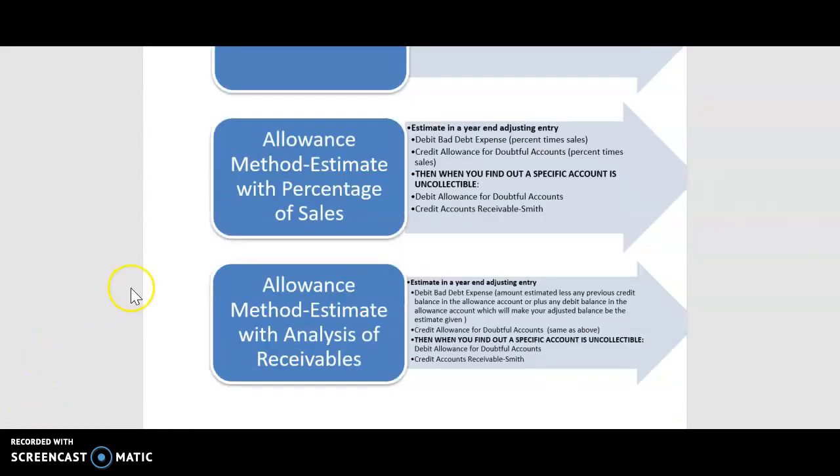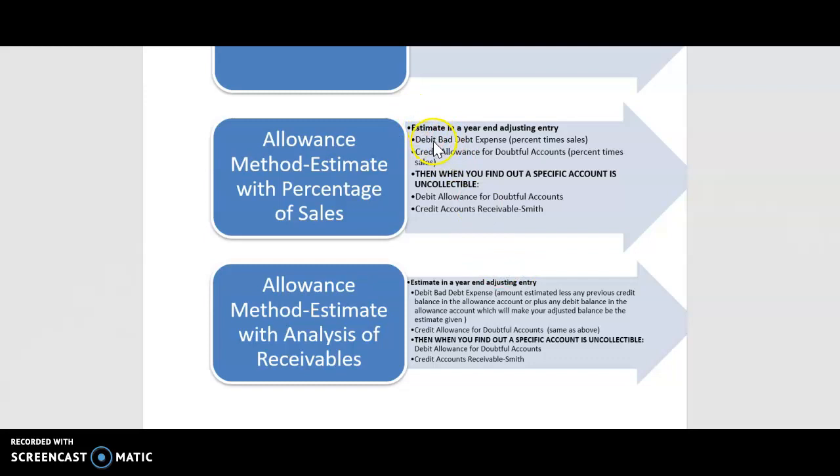There are two different methods that they use to make the calculation. The first method is called the percentage of sales. The next way to estimate it is called the Analysis of Receivables. The accounts and the debits and credits are the same, but what changes is how to get to the amount.